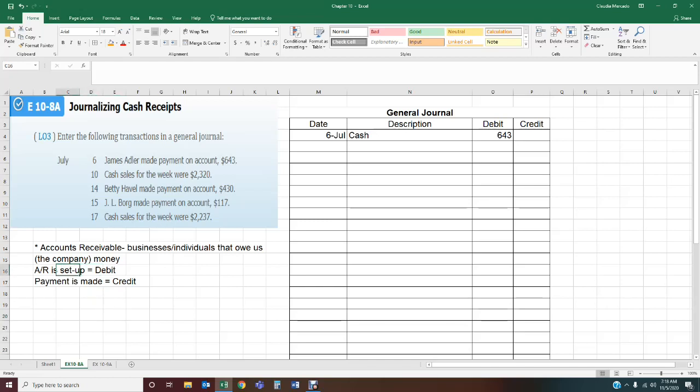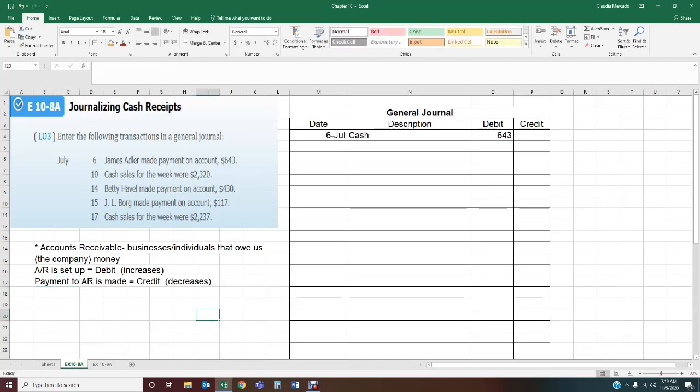When a payment is made a couple of days or weeks later, we credit accounts receivable. Debiting increases the balance of the accounts receivable. Crediting decreases the balance. That's how accounts receivable work.